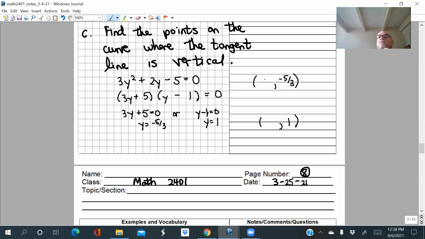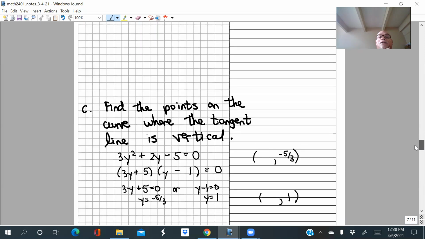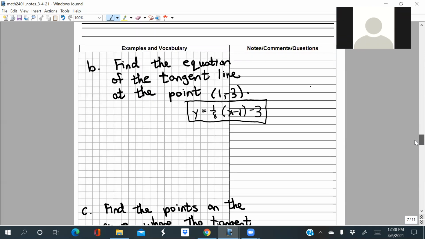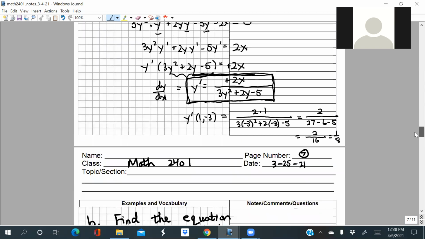Yeah, go ahead. Can you substitute the y value for one of those values and then solve for x? Substitute the y value where, Colin? Don't go back to the derivative, okay? Because when you substitute either of your y values into this derivative, you get a 0 denominator.